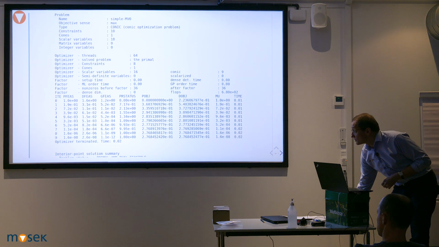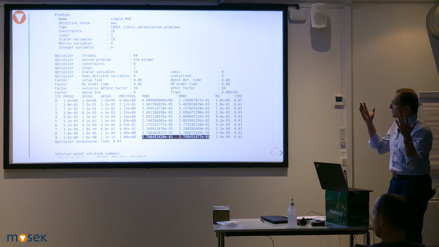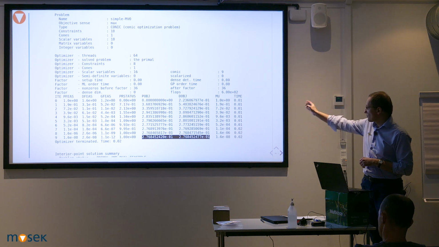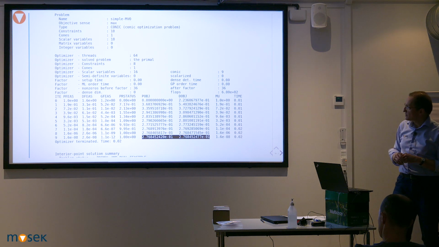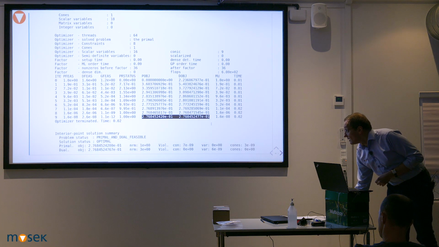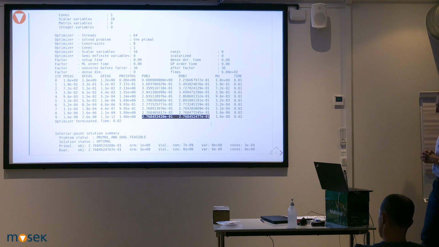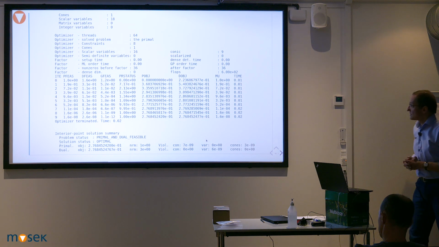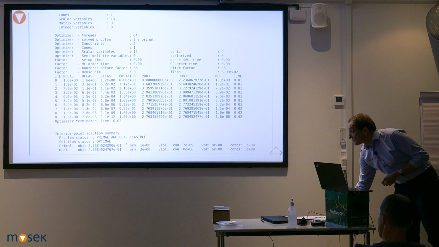So these things should be converging to 0, which they nicely are. Then there are the objectives, the primal and dual objective. They should be converging to one another, which they do. And then in the last column, you just have the runtime. So this looks okay, because it seems like everything converged nicely. And probably the most important part of this is the solution summary, where you can see, right, is the primal and dual objective roughly the same?